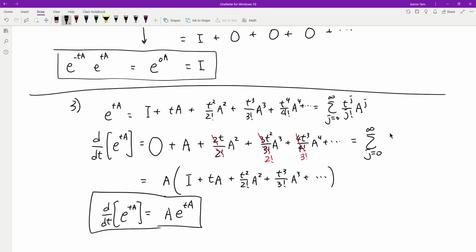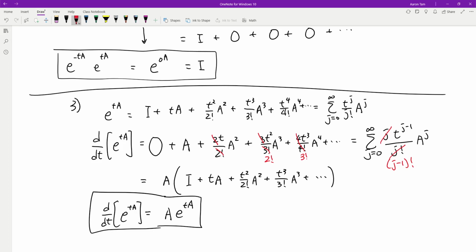And the t to the j becomes j t to the j minus 1 over j factorial A to the j. And so what happens is exactly what happened right here. The j and the j factorial cancel to j minus 1 factorial.